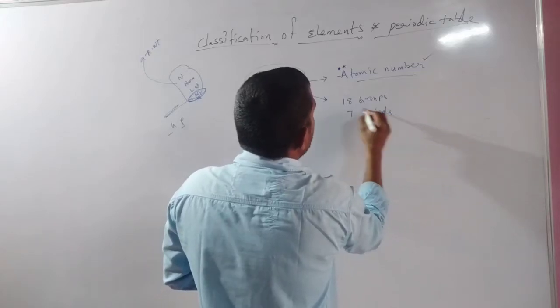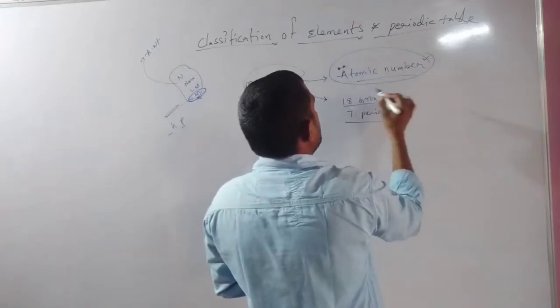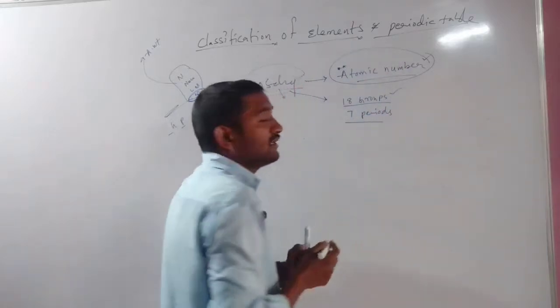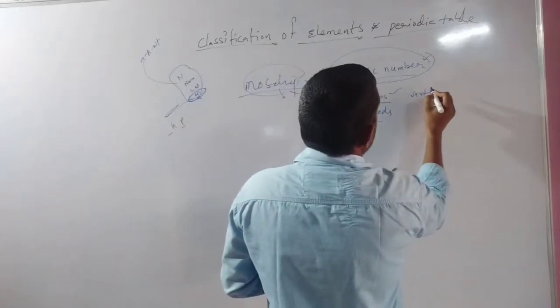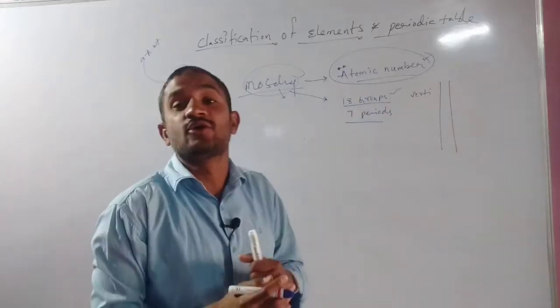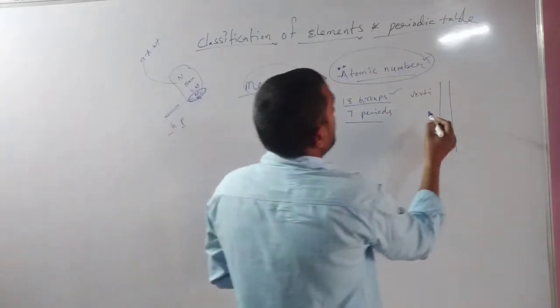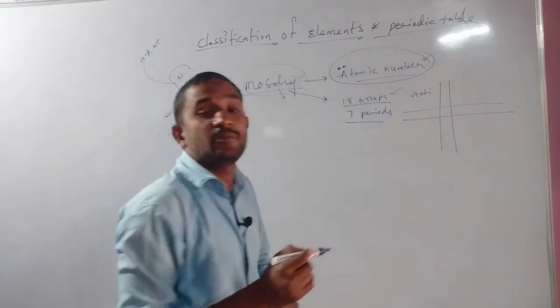He classified the elements on the basis of atomic number into 18 groups and 7 periods. Elements present in a vertical column we consider as a group, and those present in a horizontal row we consider as a period.